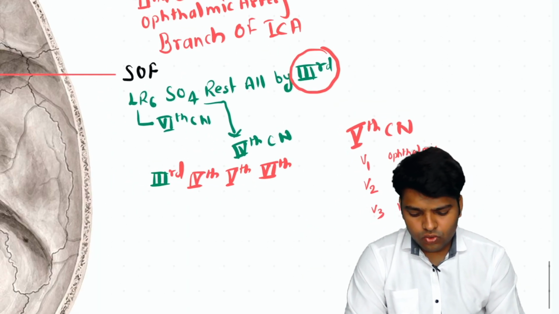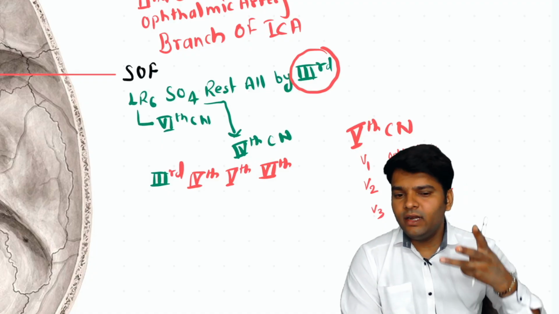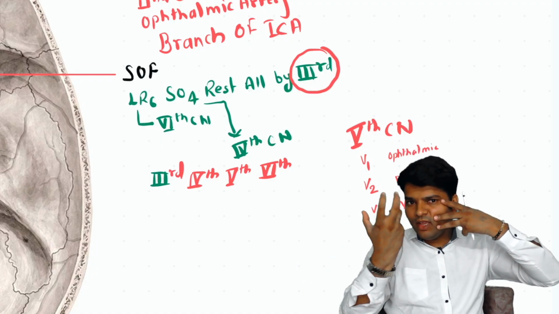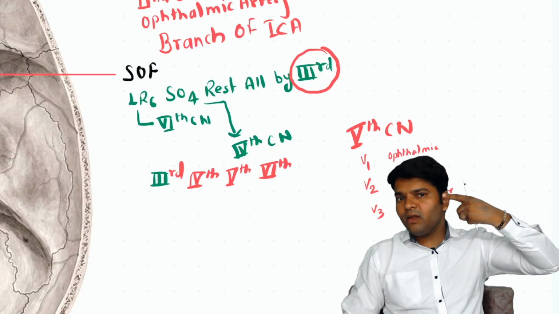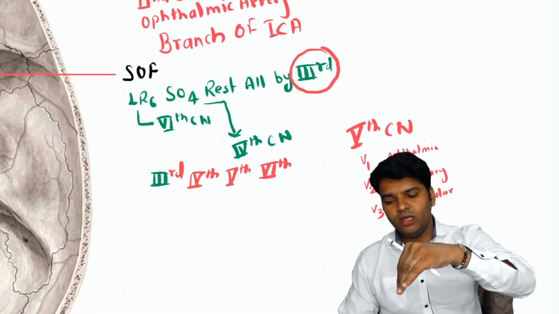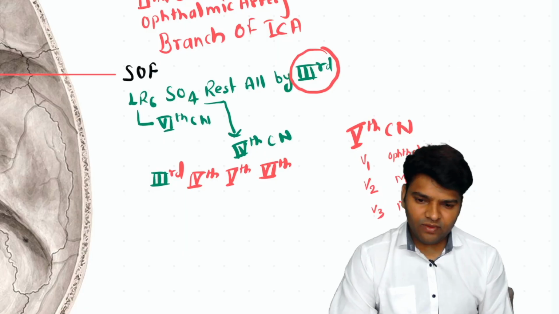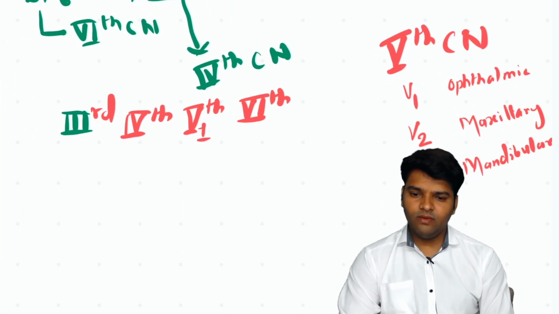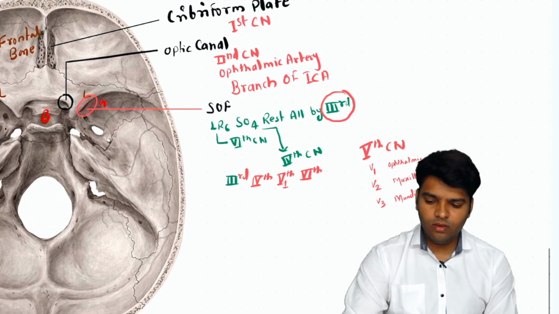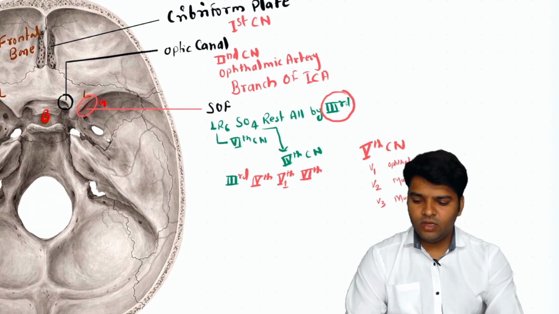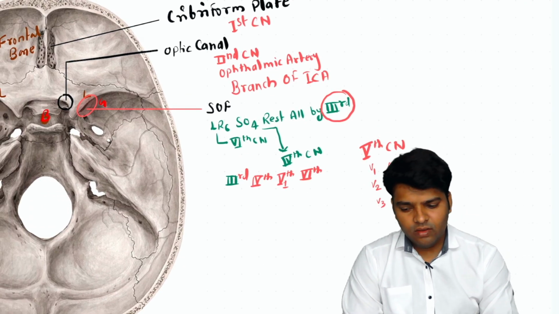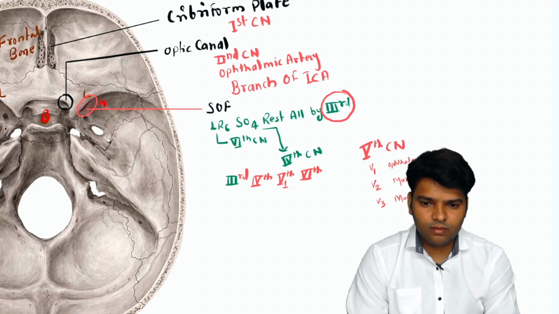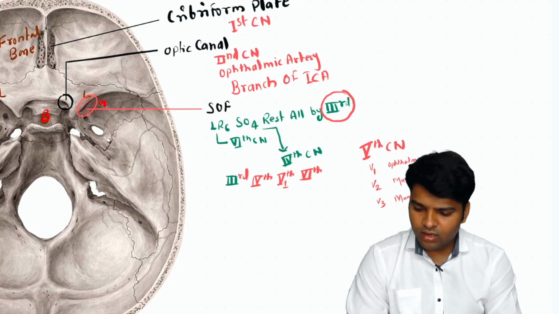Because it is entering the orbit, the ophthalmic area, the ophthalmic branch passes through the superior orbital fissure, meaning V1 passes through the superior orbital fissure, which is a branch of the trigeminal nerve.